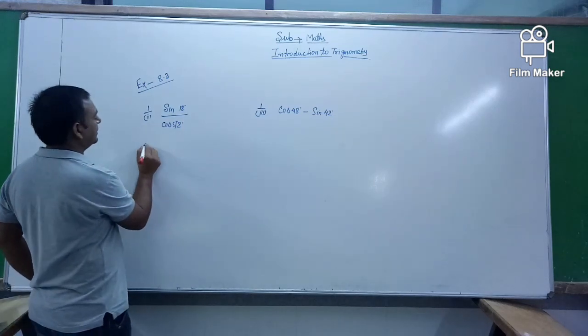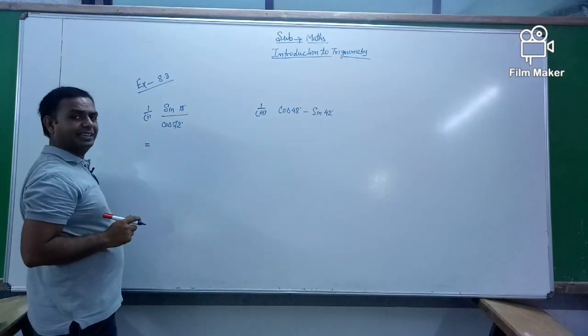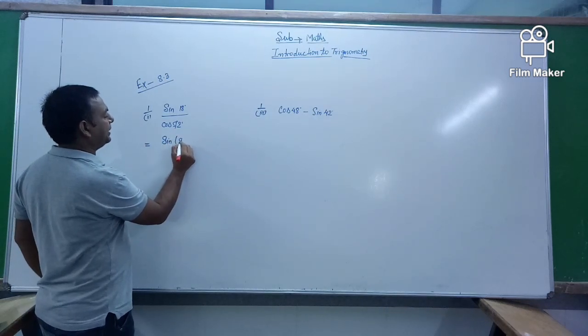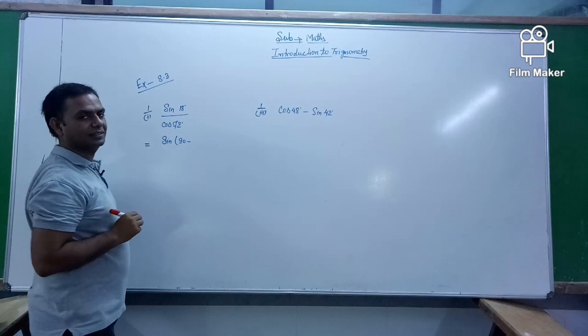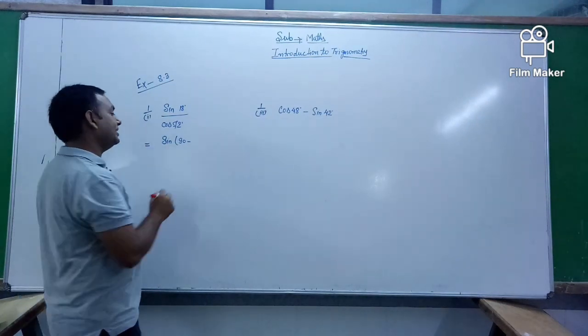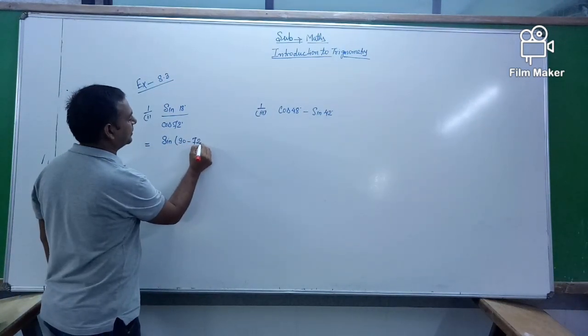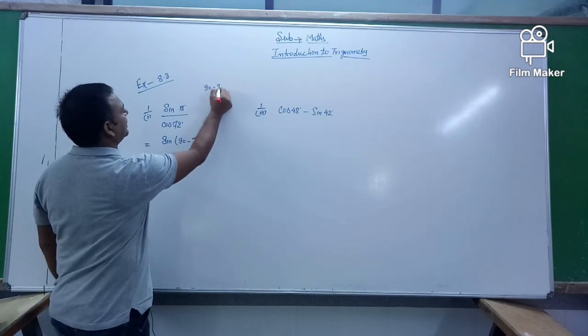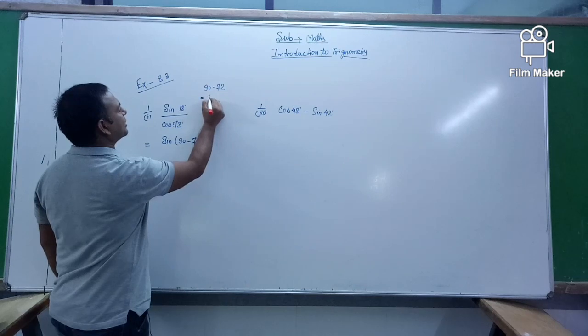So you see here that sine 18 degree means sine 90 minus 72, because 90 minus 72 is equal to 18.